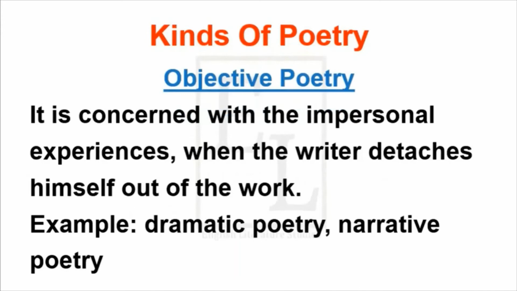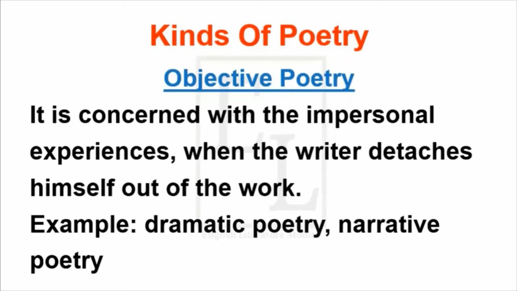Objective poetry. Now, objective poetry is the opposite of subjective poetry. It is an impersonal writing. It is concerned with impersonal experiences, when the writer detaches himself from the work. He does not exude his feelings, his own ideas, his own thoughts. Rather, he describes the surroundings.